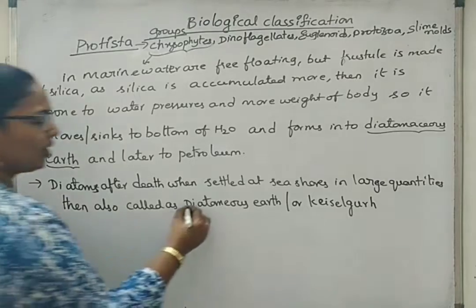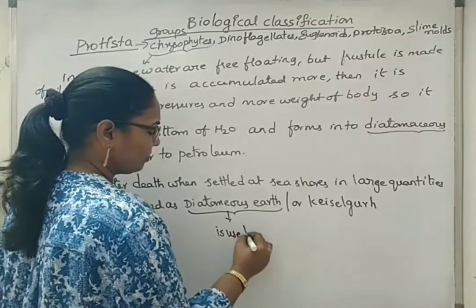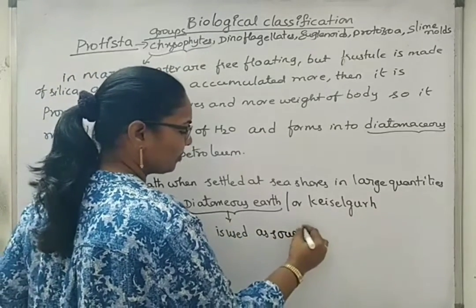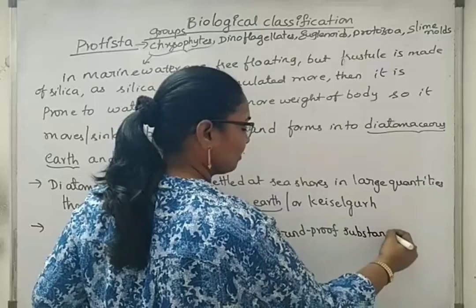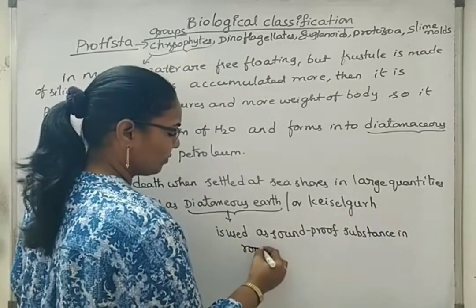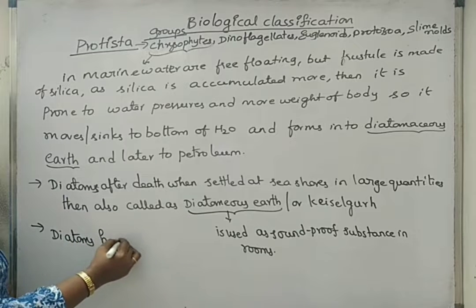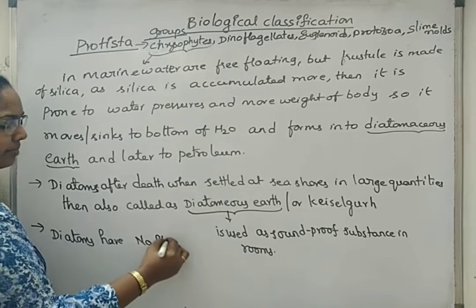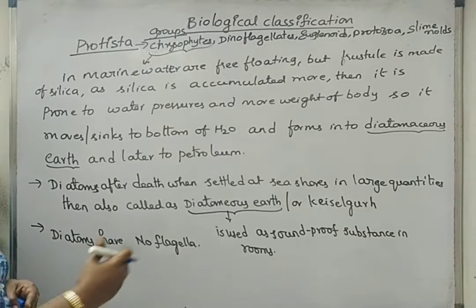Next, what is the use of this diatomaceous earth? This is used as a soundproof substance in rooms. Diatoms have no flagella for locomotion. We said that locomotion is by cilia, pseudopodia, etc. But here diatoms do not have any locomotory organs. They move according to the water currents.